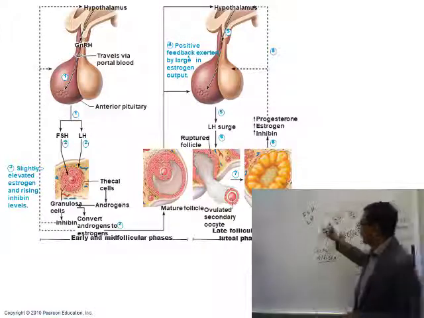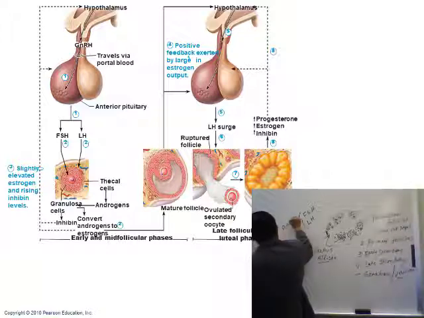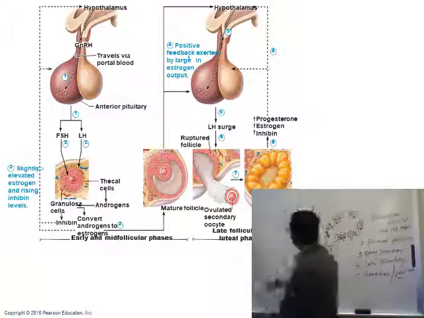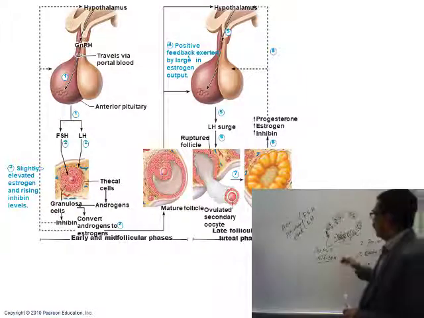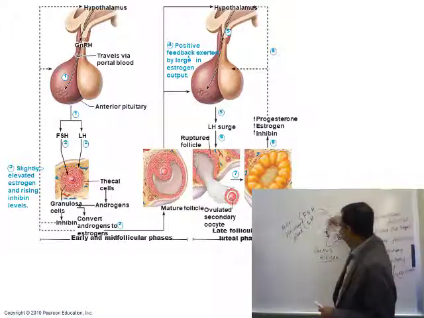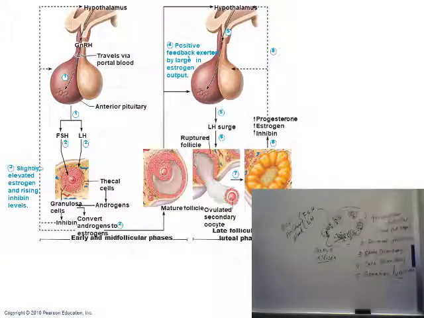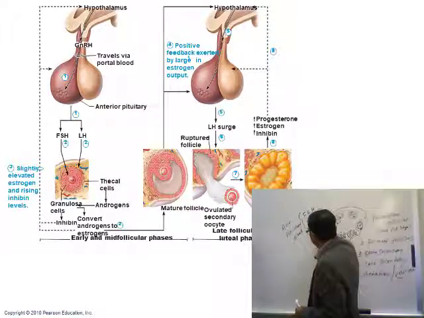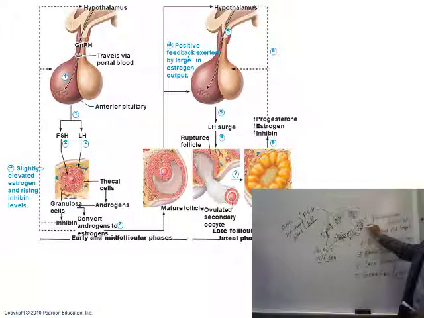So these two hormones come from the anterior pituitary in your brain, the master gland. So the anterior pituitary gland releases those two hormones. Follicle stimulating hormone mainly helps to grow the follicles, and luteinizing hormone mainly helps in the rupture of the follicle.